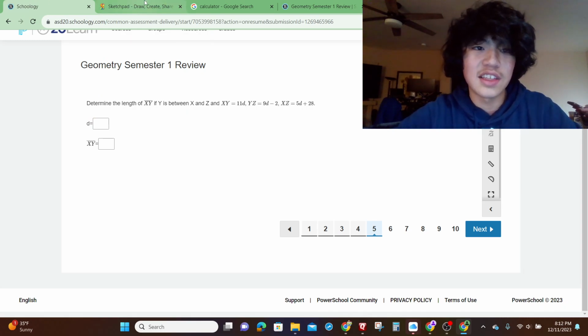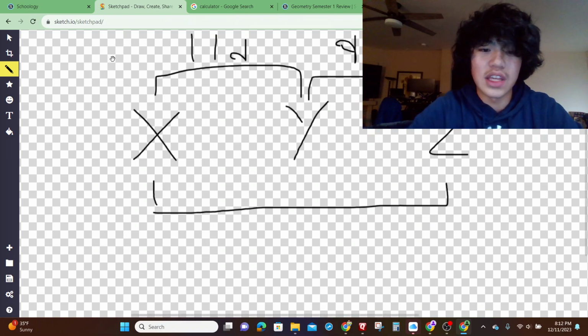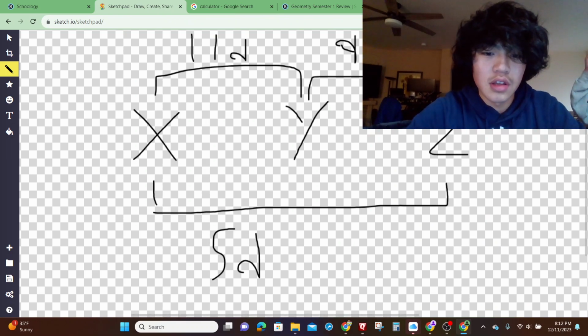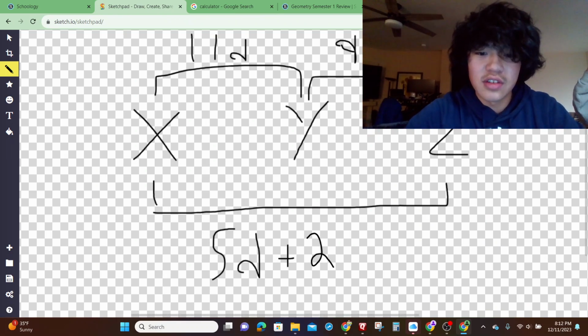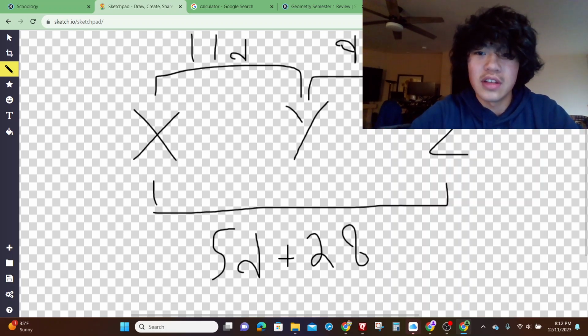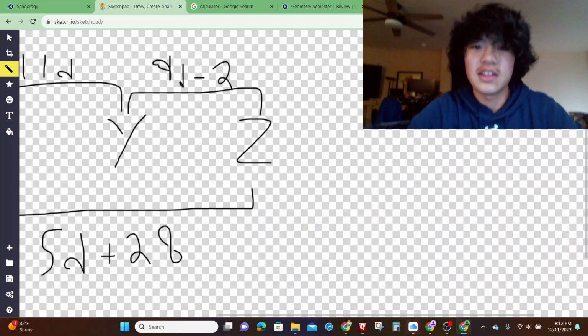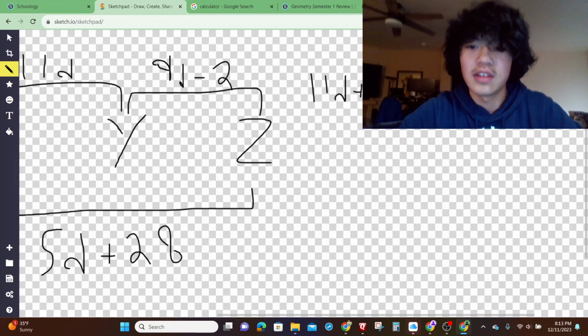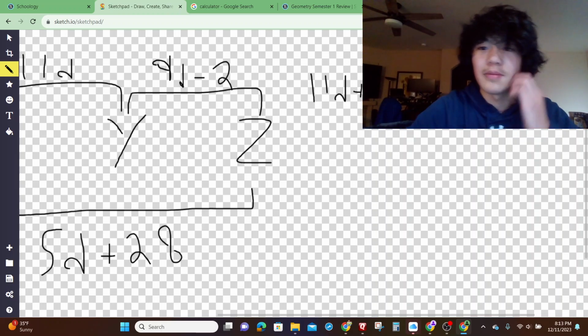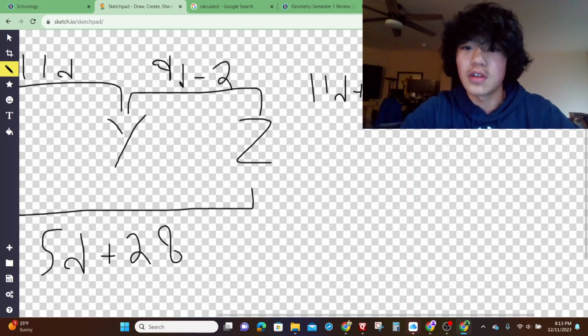And XZ, so this in total is 5d plus 28. Alrighty, so now what we have to do is we have to say 11d plus 9d minus 2, those are the two numbers that make up this line, equals 5d plus 28.